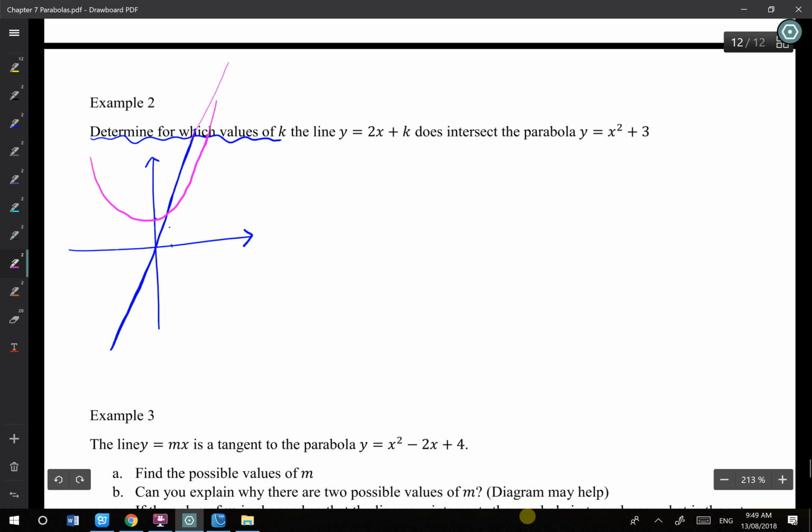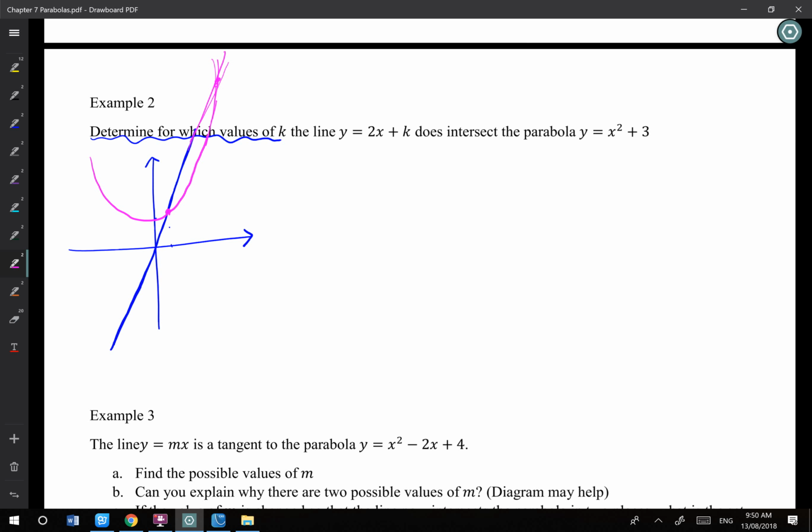There might be another intersection that way. Can you see that? Because there's one intersection already, and this is not the tangent. So there must be another intersection over there. Now I want to ask you, determine for which value of k this line will intersect with this parabola.